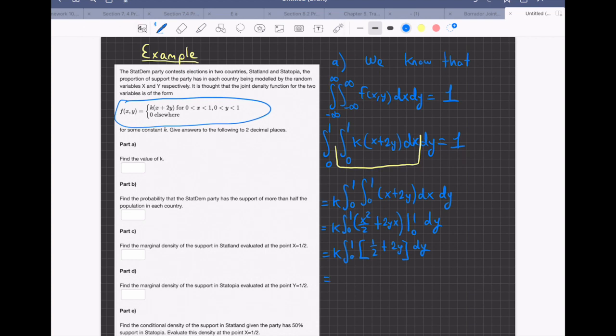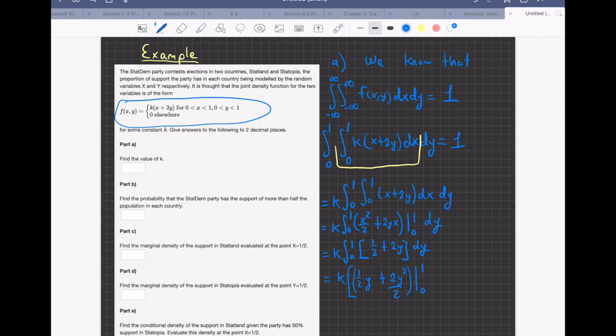And this is equal to k times, applying the integral, I have two terms. So the first one is k times 1/2 y plus 2y squared divided by 2, evaluated from 0 up to 1.